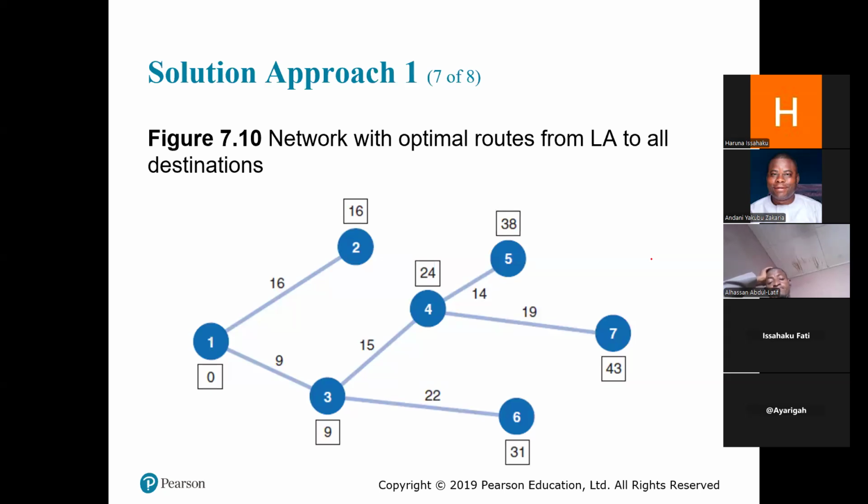Okay. So what it means is that the shortest route to, for instance, 7 will take us a time of 43.